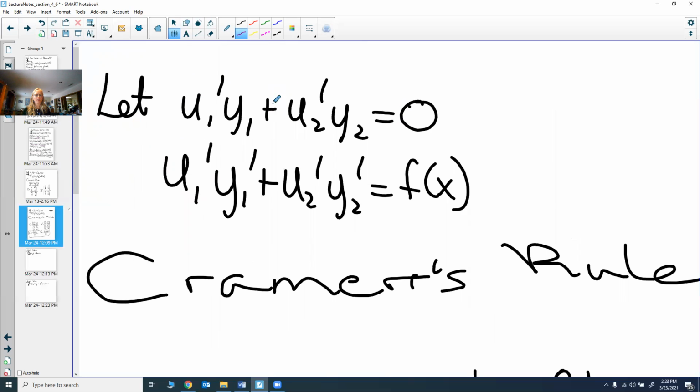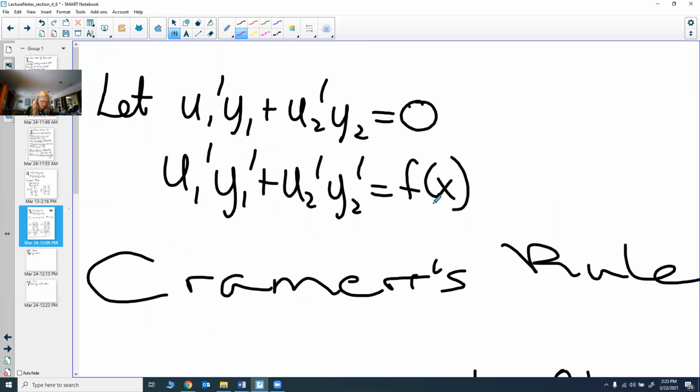And again, we're letting u1' y1 plus u2' y2 equal 0, and we're letting u1' y1' plus u2' y2' equal f of x.